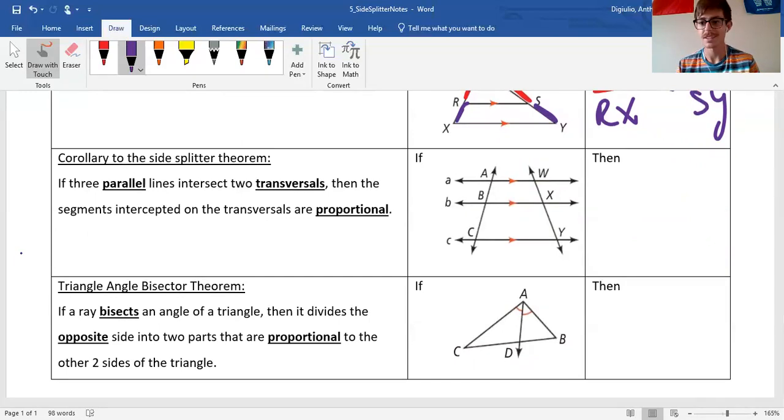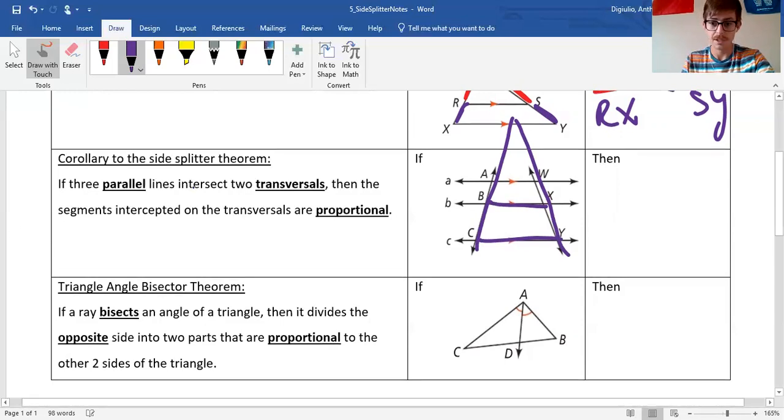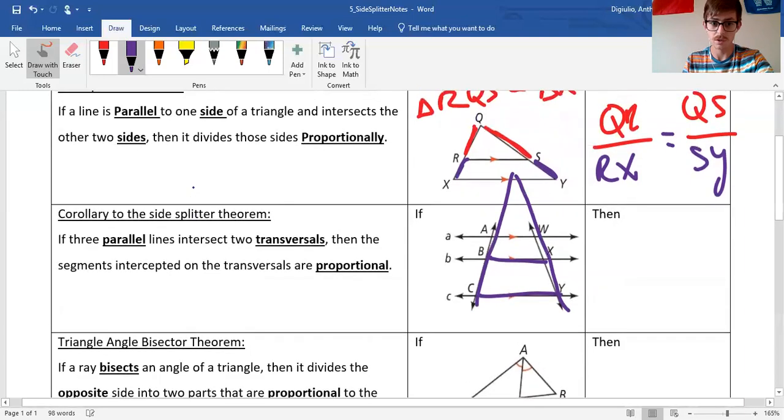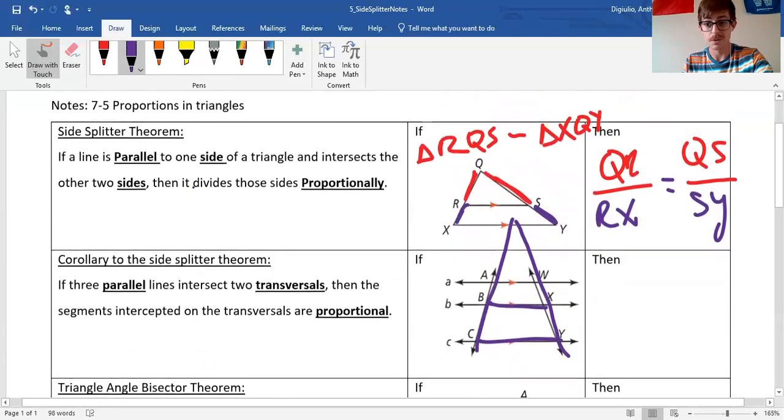So one way that I like to think of this, because sometimes it looks really confusing compared to the other, is if I extended these lines, it would eventually look like a triangle. And if I have this line here in the middle that's parallel to the bottom one, well, what we actually did by just extending those lines and redrawing it was get the side splitter theorem.